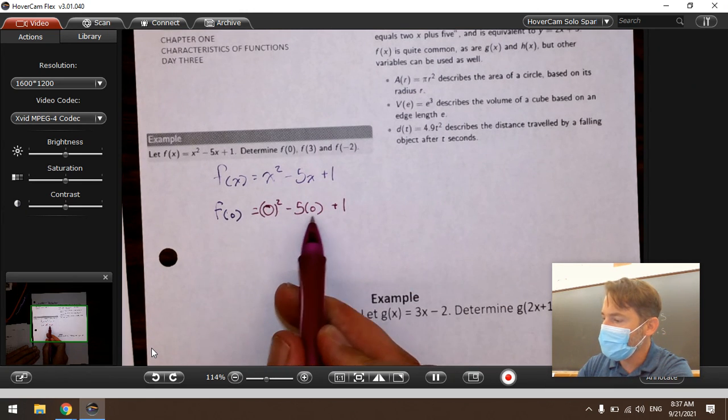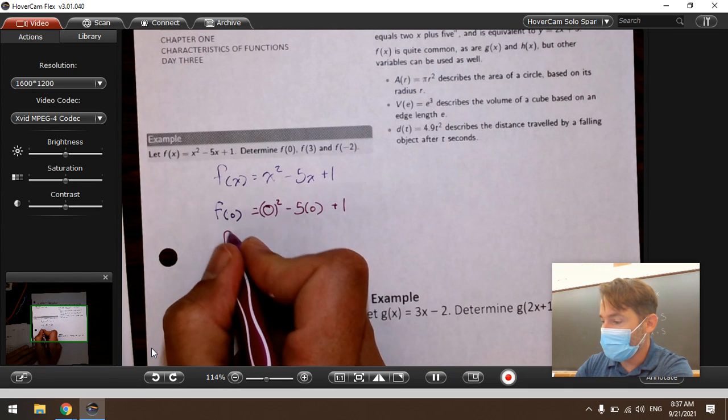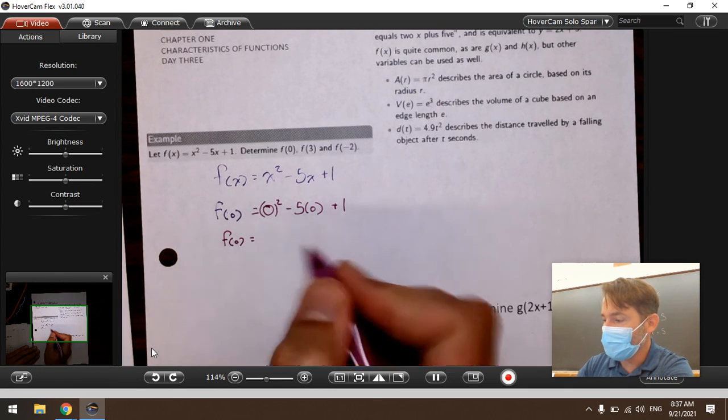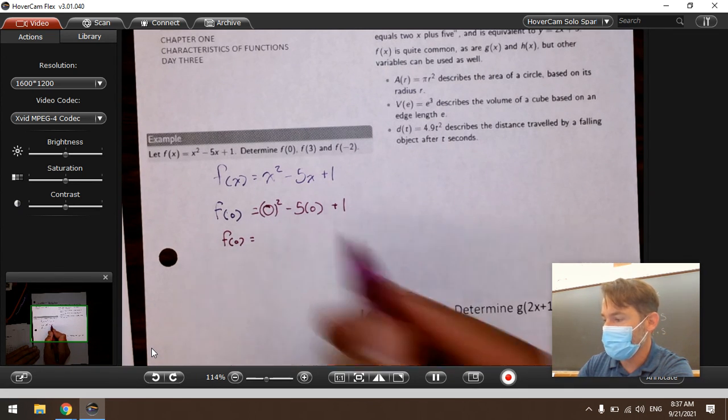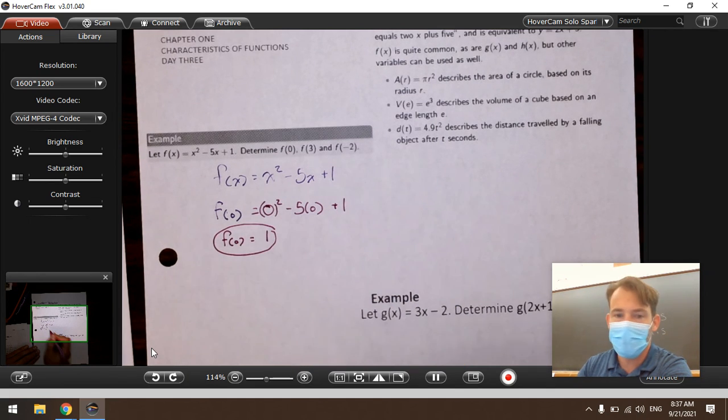Notice that I just substituted the given value of x in all the x places. And then I evaluate. F at 0 is equal to 0 minus 0, because 5 times 0 is 0, plus 1. F at 0 is 1. Circle it, final answer. Okay.